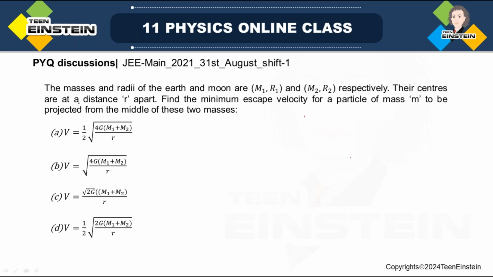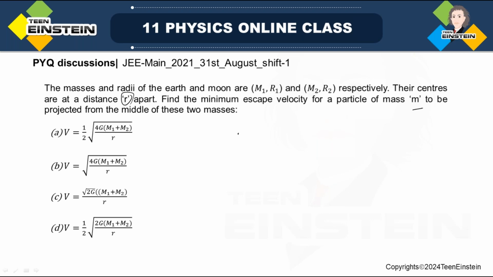Their centers are at a distance r apart. Find the minimum escape velocity for the particle of mass small m to be projected from the middle of these two masses.